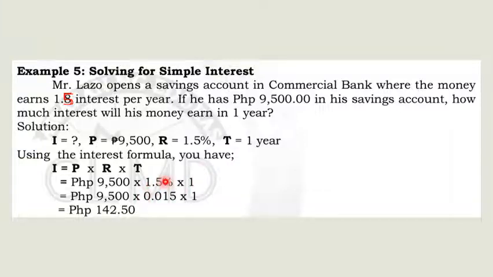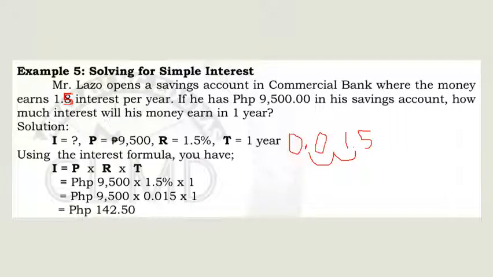So, yung 1.5% convert natin into decimal. Move lang natin decimal point 2 places to the left. So, 1, 2. So, nandito na siya, dagdag tayo ng 0 dito. Okay?